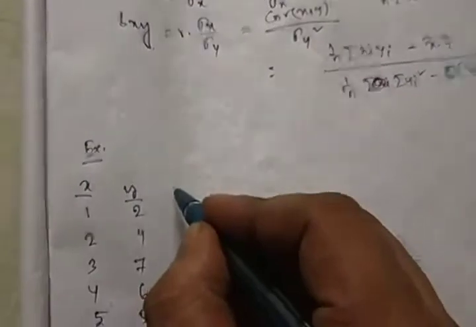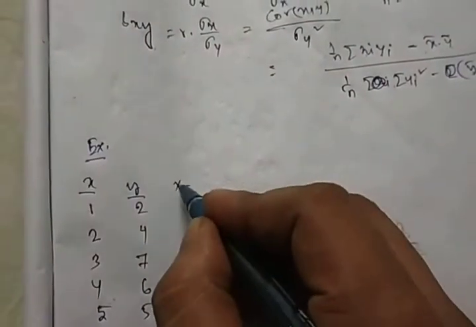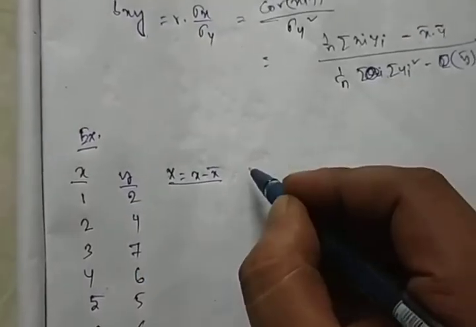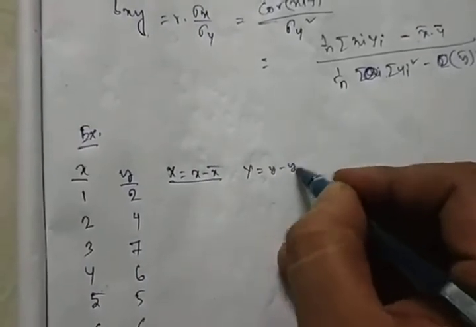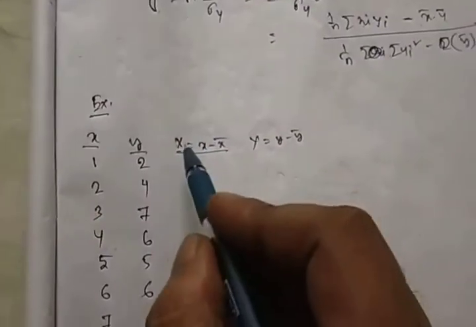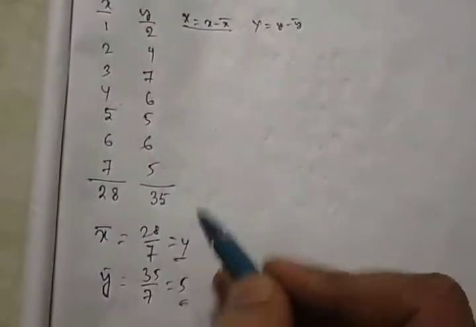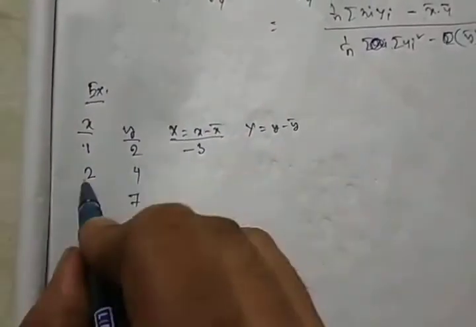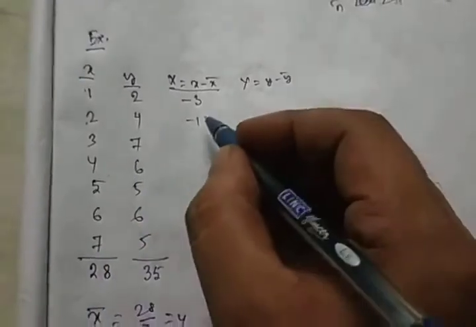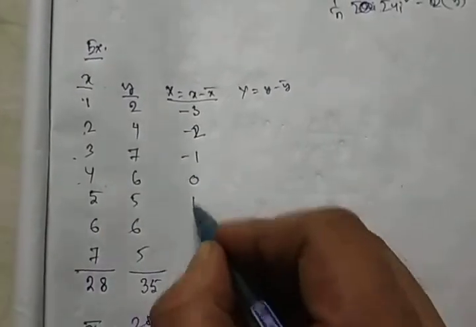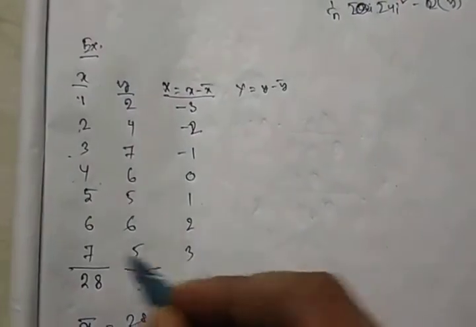The deviations are capital X equals x minus x bar and capital Y equals y minus y bar. Okay, so x bar equals 4, so 1 minus 4 is minus 3, 2 minus 4 is minus 2, 3 minus 4 is minus 1, this will be 0, this will be 1, 2, 3.